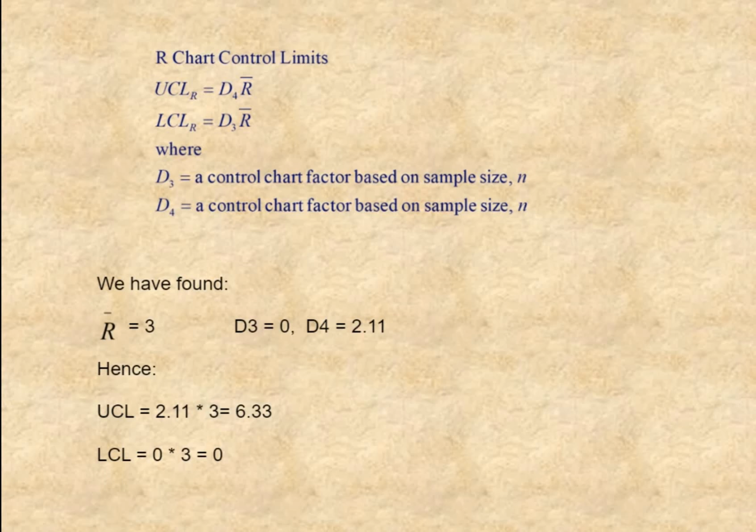So UCL equals D4 times R bar, which is 2.11 times 3, equals 6.33. LCL equals D3 times R bar, which is 0 times 3, equals 0.